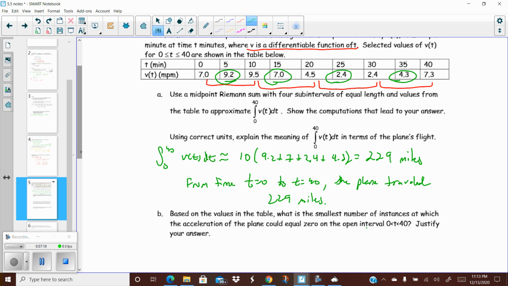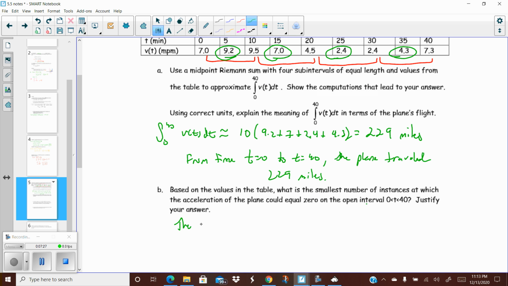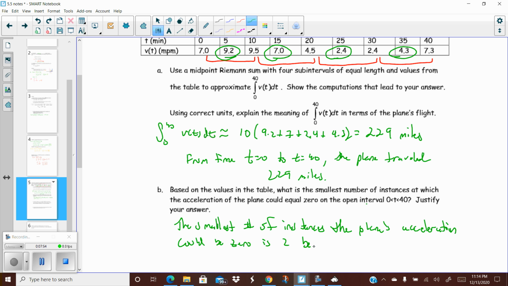So, based upon the table, what's the smallest number of instances at which the acceleration of the plane could equal 0? All right, so we would say the smallest number of instances the plane's acceleration could be 0 is 2, because.